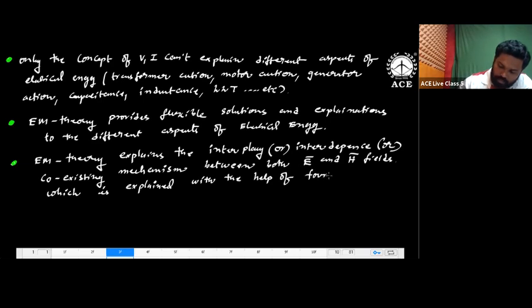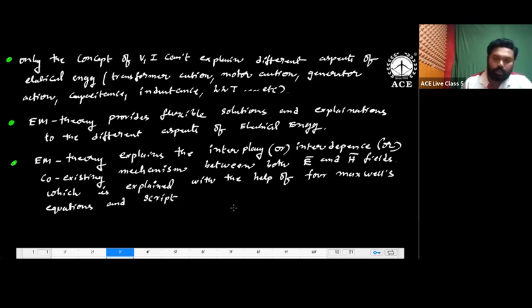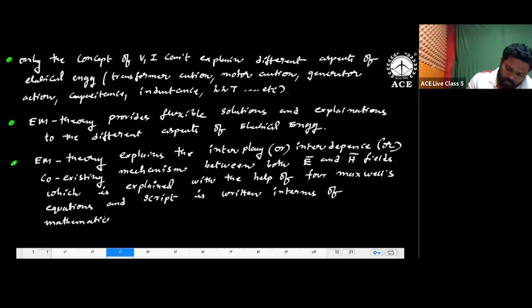And the script, that means language, is written in terms of mathematics, in brackets, vector calculus.